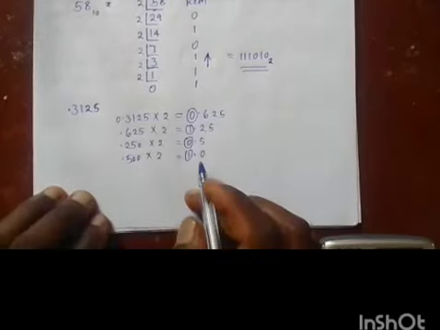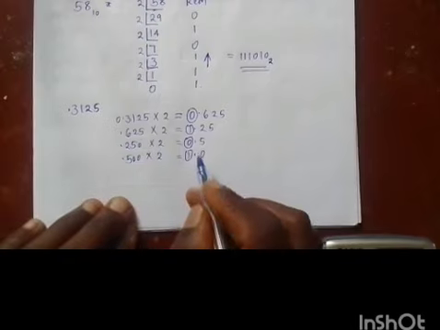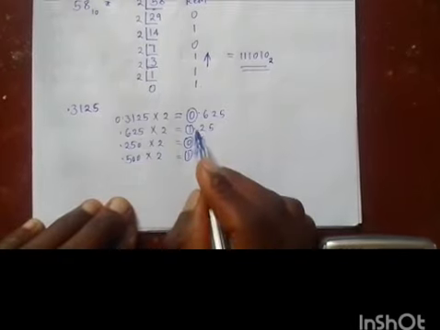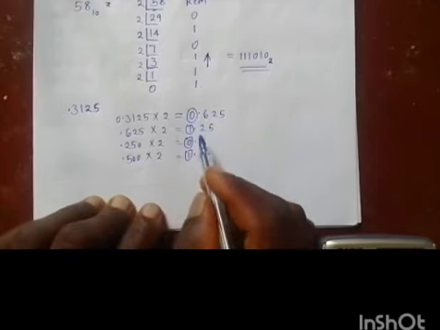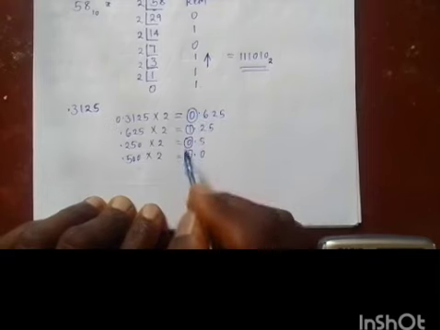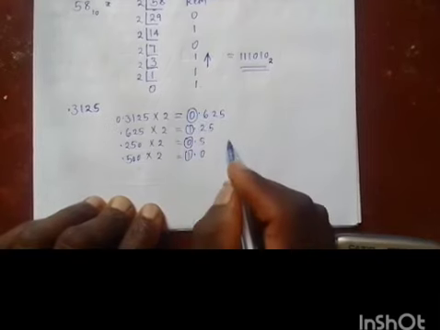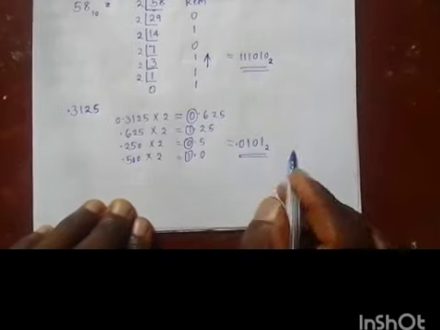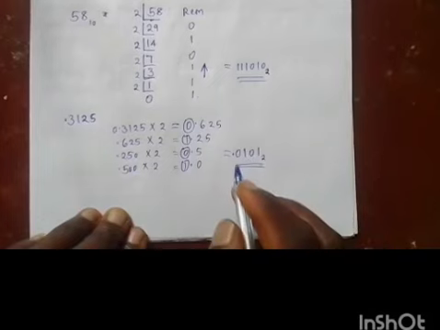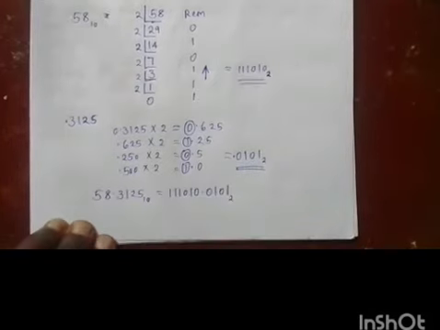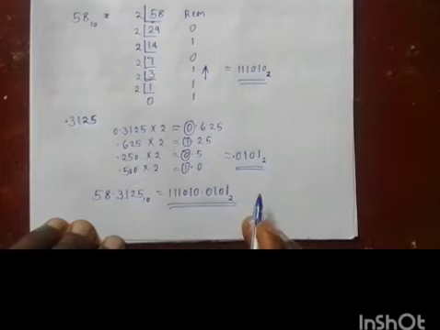Right, writing the integers from the most significant bit, which is this one, to the least, we have this one. By combining this answer and this one, we have this one.